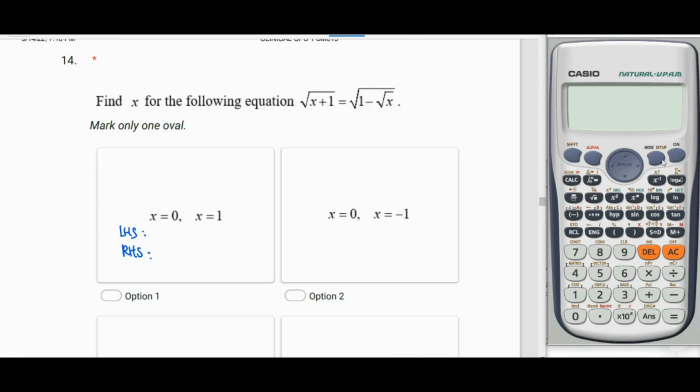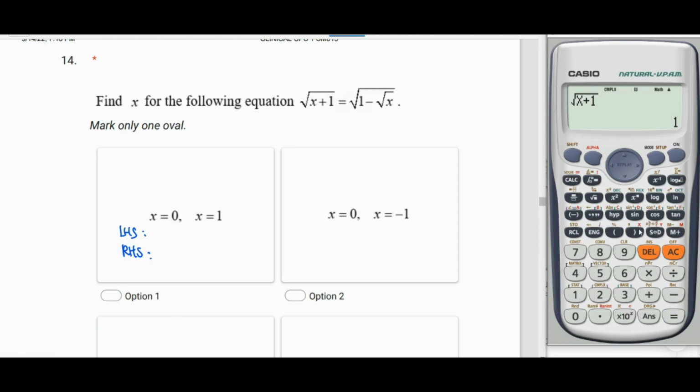So you can use the calculator here. We plug in our third alpha x plus 1. So this is my left hand side. I'll calculate the left hand side first.